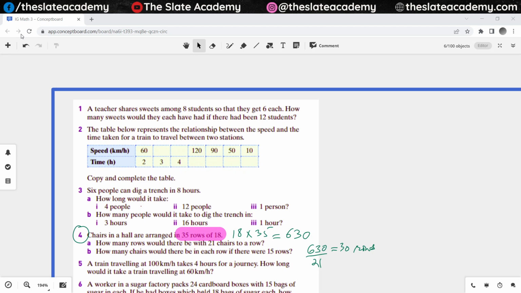And if I want to arrange these 630 chairs in 15 rows, I would do 630 divided by 15, which would be 42. So 42 chairs in each of the 15 rows. Nisanam, understood?